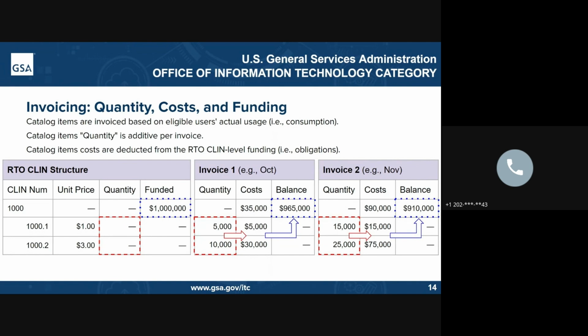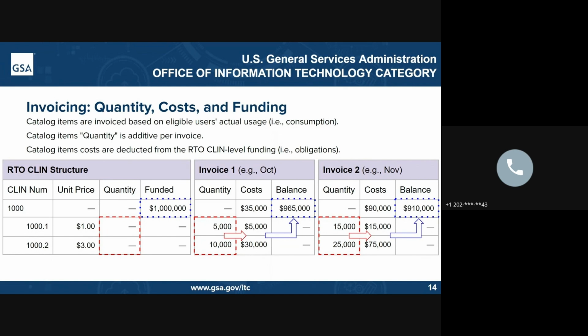You have funded it $1 million. Now, as your period of performance progresses and you begin to consume or use cloud services, the quantity will populate, and that quantity is additive over time.